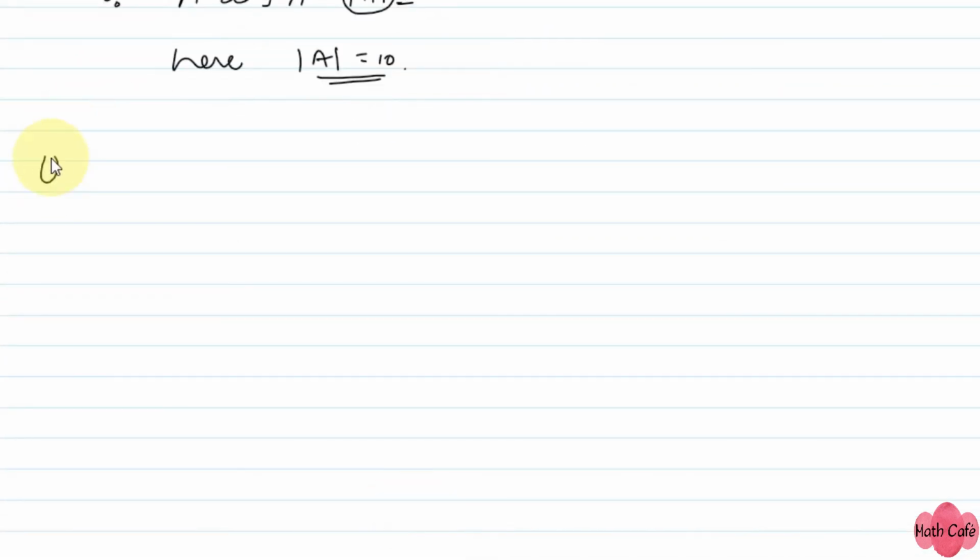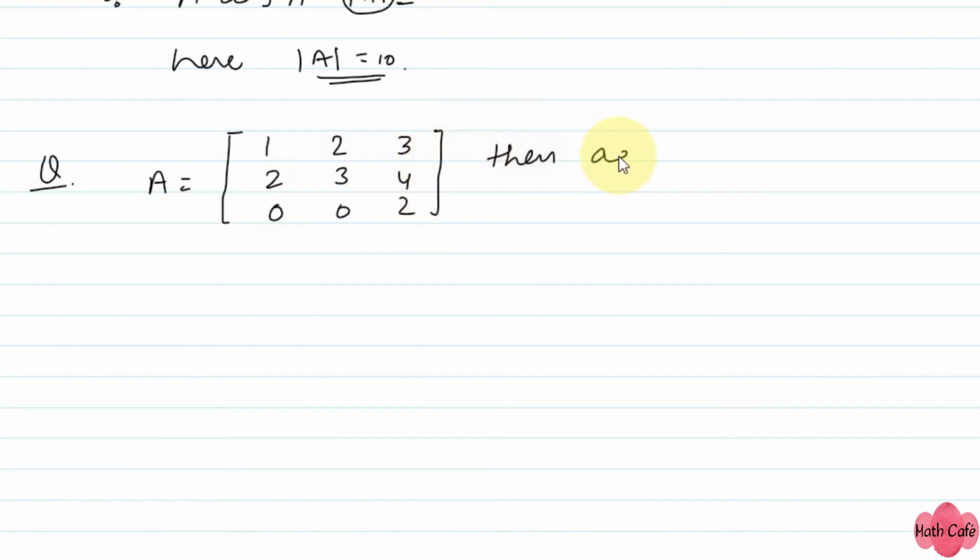The next question: if A is the matrix 1 2 0, 2 3 0, 3 4 2, then we need to find adjoint of A. Let's proceed with the solution.